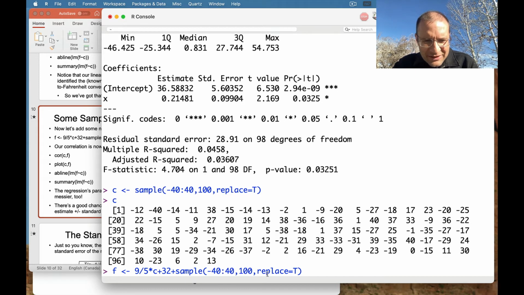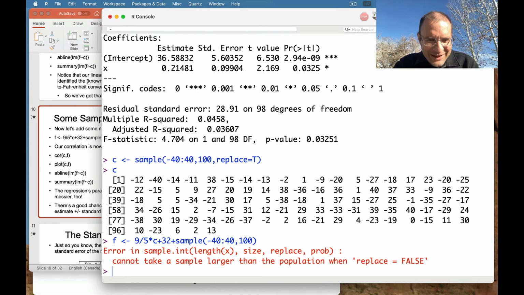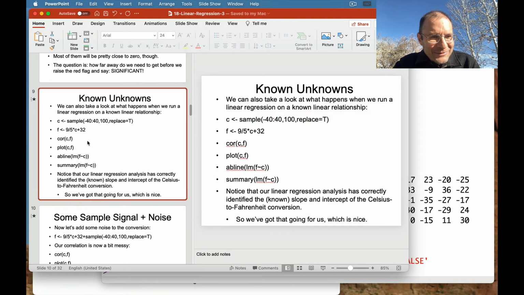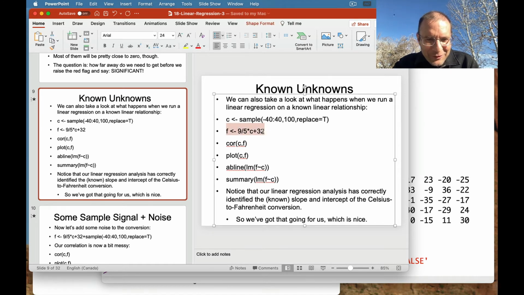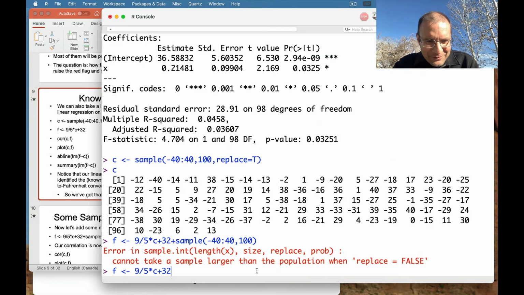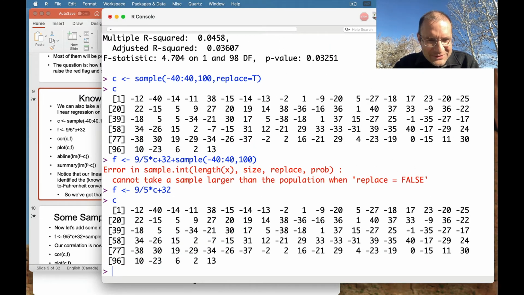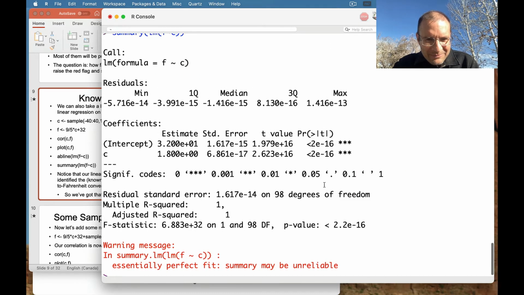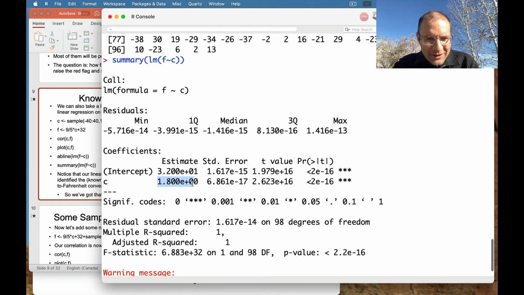Oh, dang it. How did I do it to begin with? That's how I did it. Yeah, so what I want to do is just what I did before and confirm to you that here are our C values. And if we do the summary command, we know exactly what the parameters are. And this is significantly different from 0.